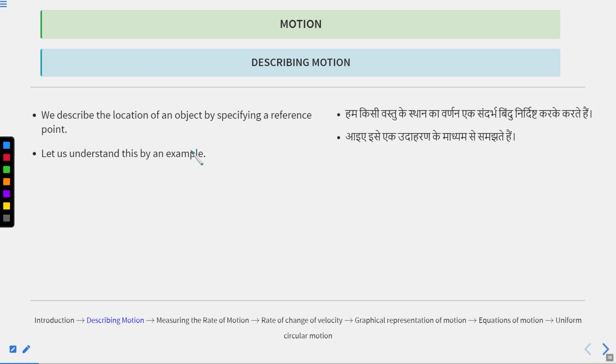We describe the location of an object by specifying a reference point. Whenever you have to describe some distance or some weight, we first take a reference point. For example, you have seen the old-style weighing machine.